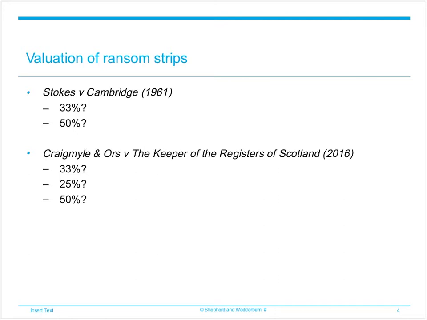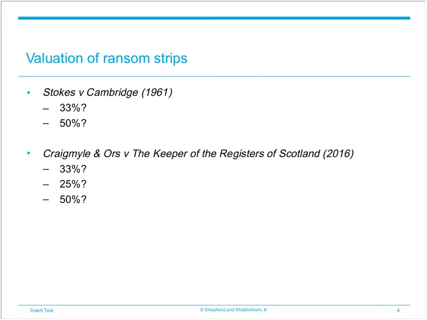Stokes v Cambridge was a decision of an English Lands Tribunal back in 1961. It did indeed hold in that case that the value should be 1/3 of the development gain, and the case set out a methodology for arriving at that. It determined the value of the subject land, deferred for 3 years for the sale of the proposed industrial development in plots.